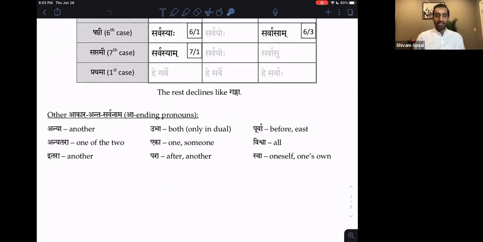Eka means one or someone, but when it's in plural, it just means some. So some of the trees. There's always that question about what eka means when it's plural. It means some of them. That's just how it was used in the natural language.